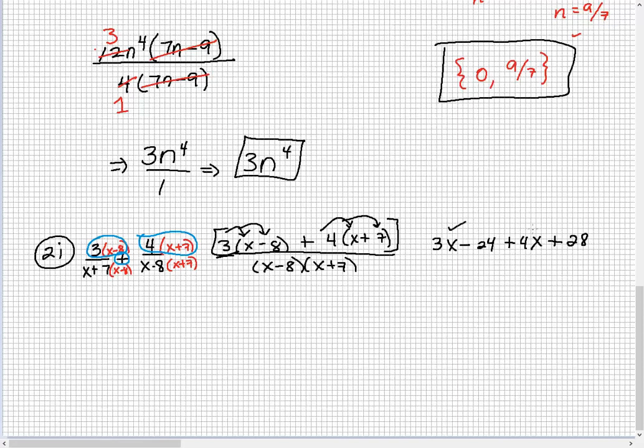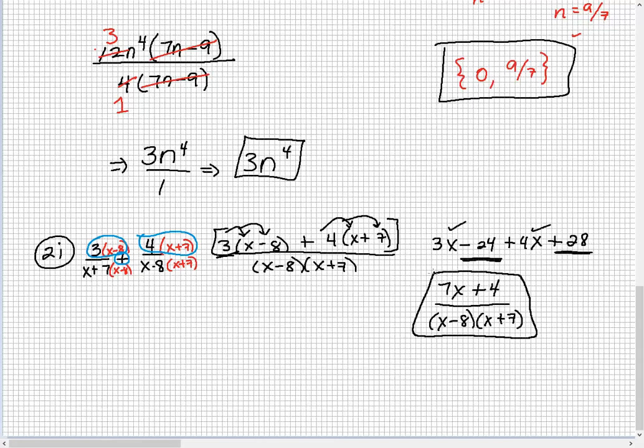Like terms. 7x, negative 24 and positive 28 is a plus 4 over the denominator, which is x minus 8, x plus 7. And really there's nothing you can factor in the numerator, so this is the answer. And the excluded values are going to come from the original denominators. So that's going to be negative 7 and a positive 8.